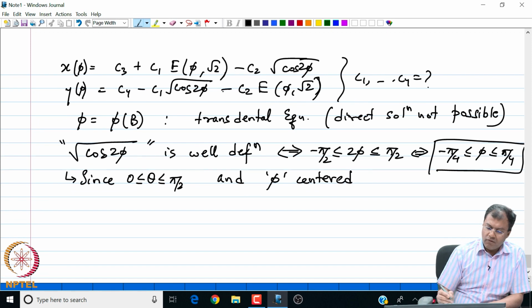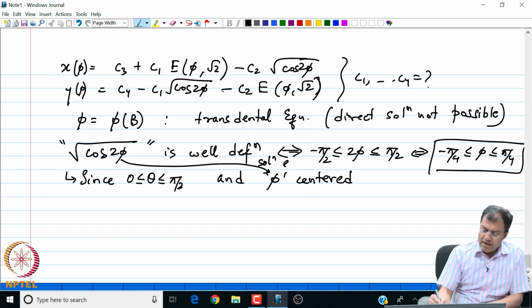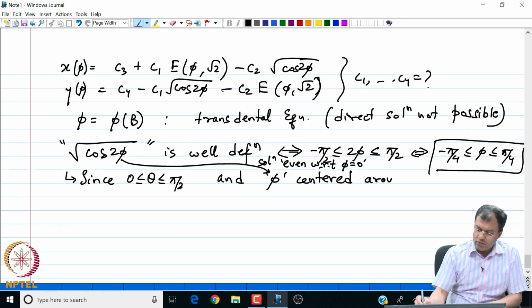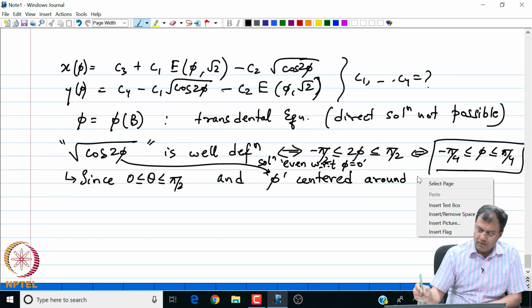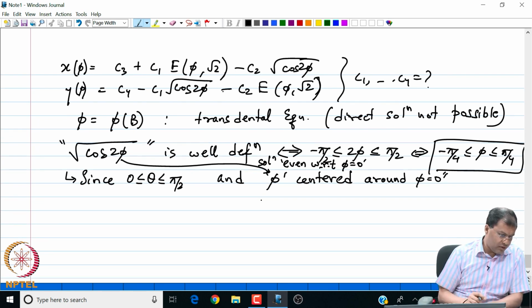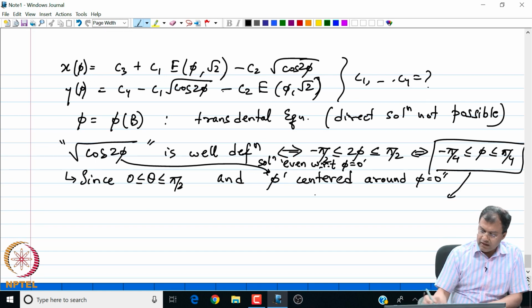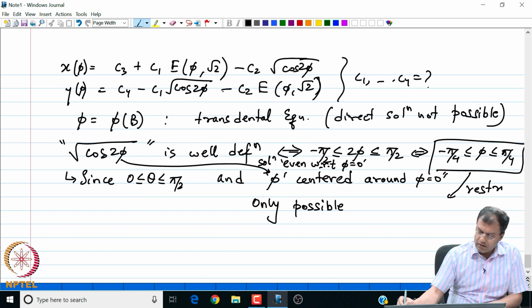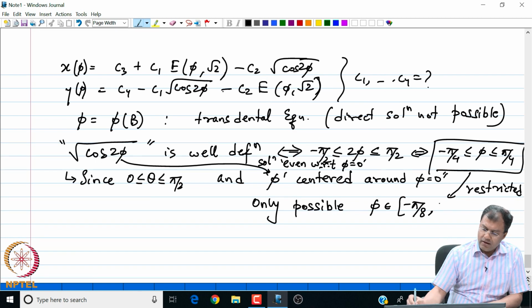So, we have a solution E1 with respect to phi equal to 0, centered around phi equal to 0, which means that this situation is only possible when this range is further restricted to phi from minus pi by 8 to pi by 8.